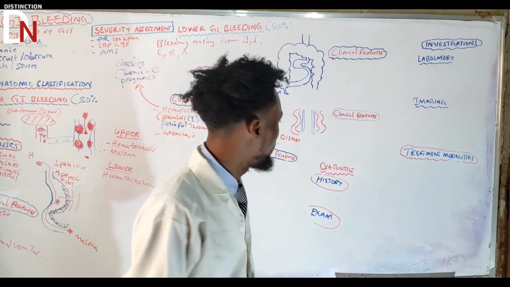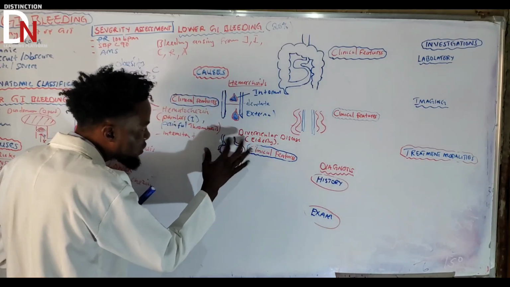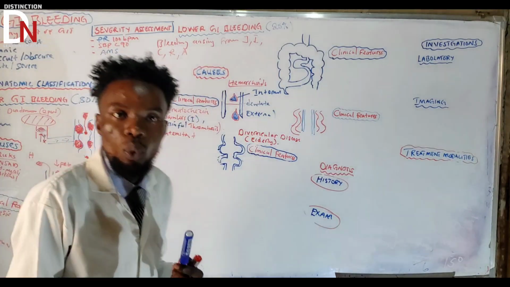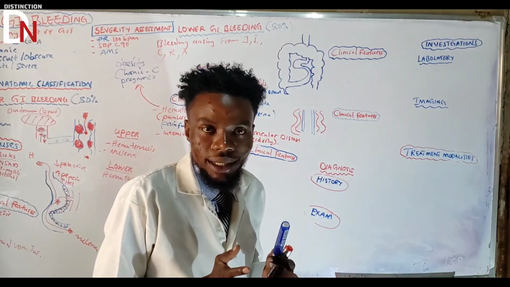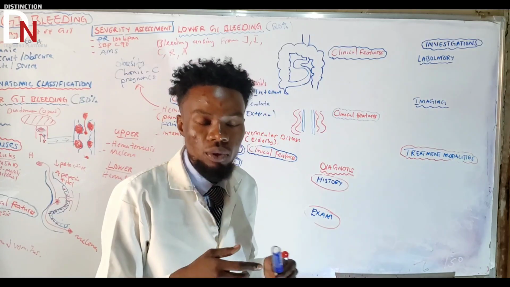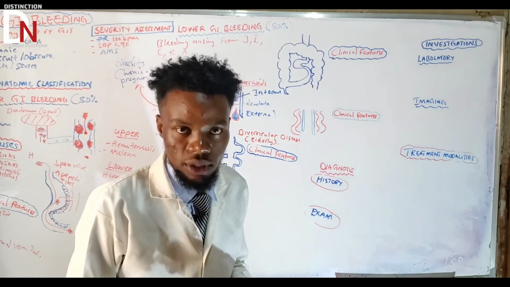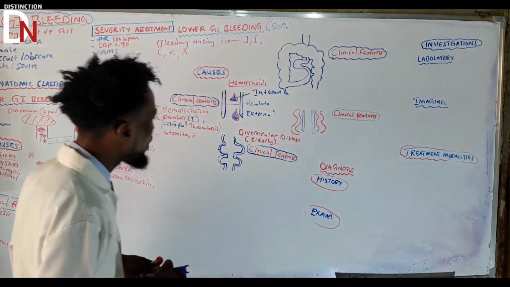There is some weakness in the colon, that's why the colon itself is going to form pouches, smaller pouches, because of that weak point in the colonic wall. That is what we call diverticular disease.